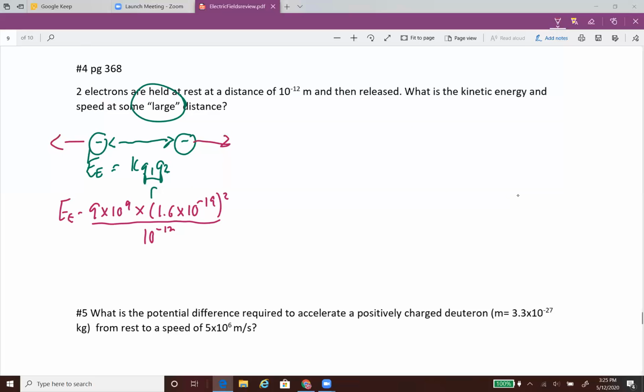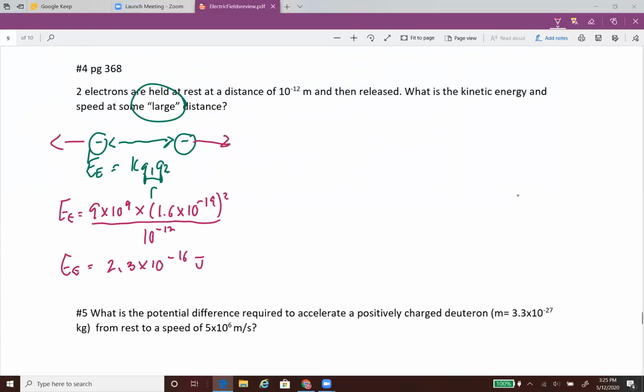So the potential energy for my electron pair would be about 2.3 times 10 to the minus 16 joules.